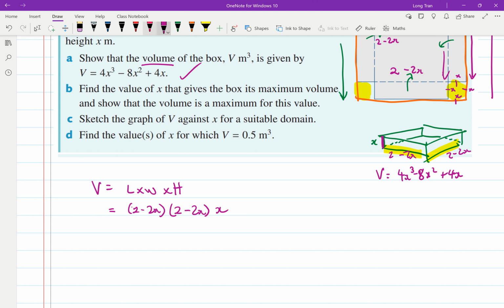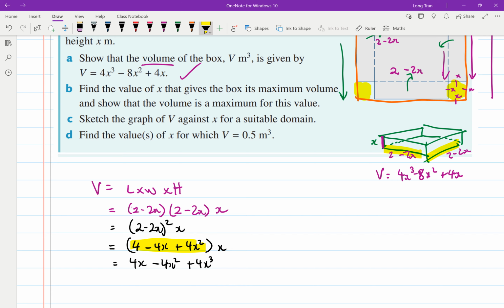That can be 2 minus 2x all squared times x, or you can expand it, and that would have been 4 minus 4x plus 4x squared, all multiplied by x. So this now becomes 4x minus 4x squared plus 4x cubed. But that goes back to quadratics, term 1 mathematics, expansion. So I expanded this using perfect squares expansion.